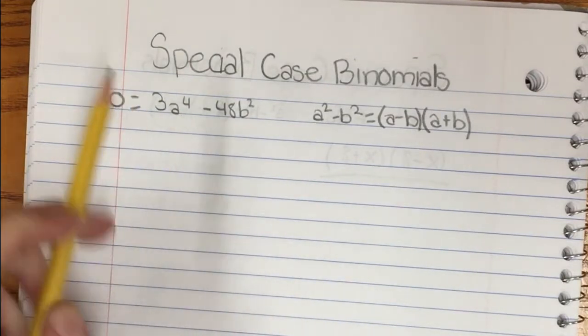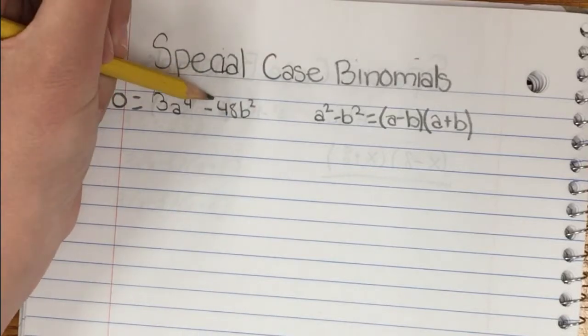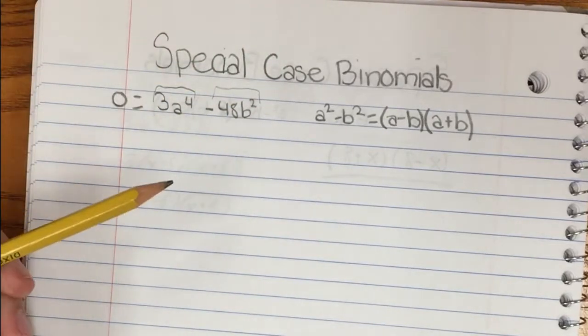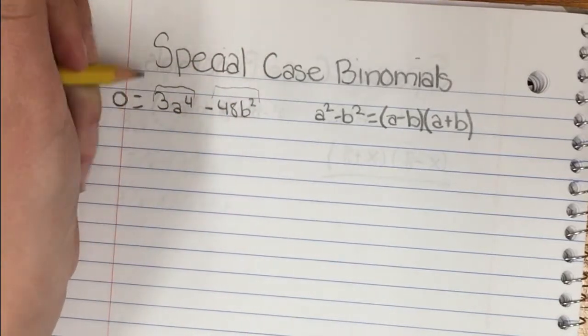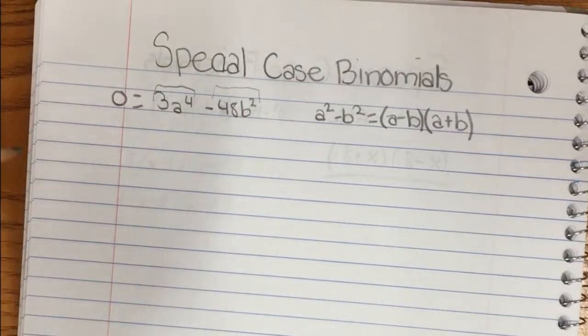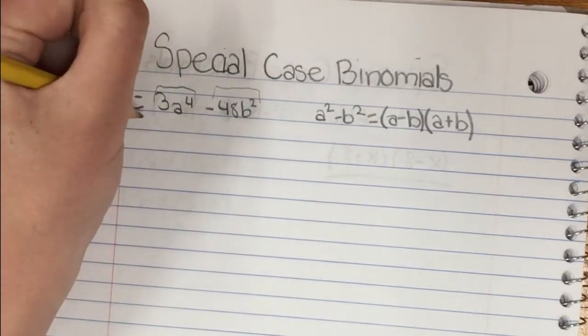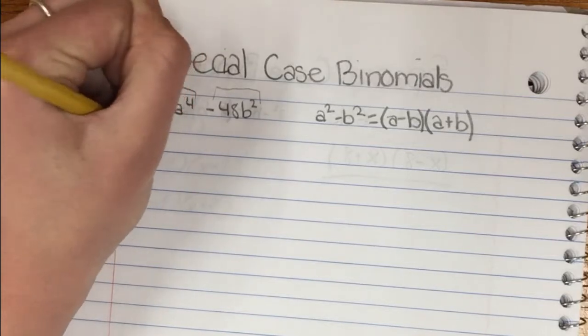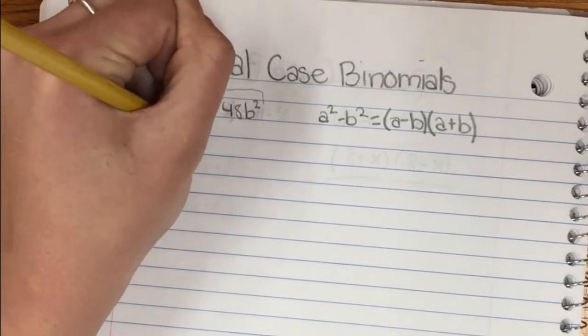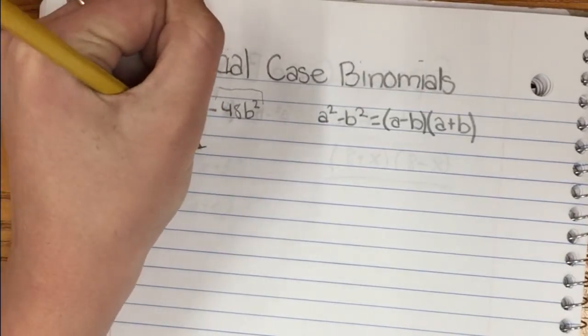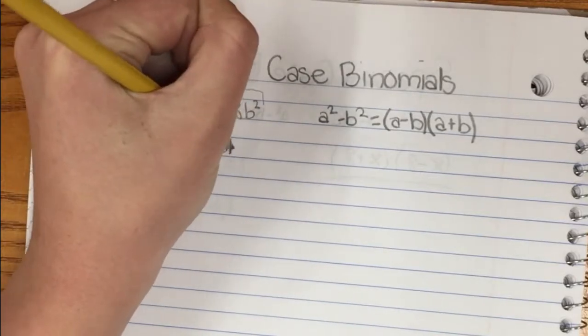So assuming this is your a term squared and your b term squared, first, greatest common factor, factor that out if you can, which here is 3. So that becomes 3a to the power of 4 minus 16b squared.